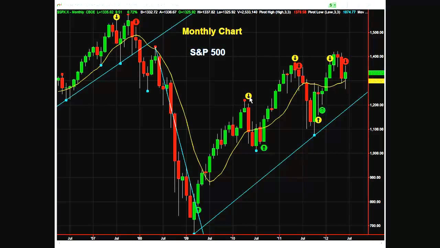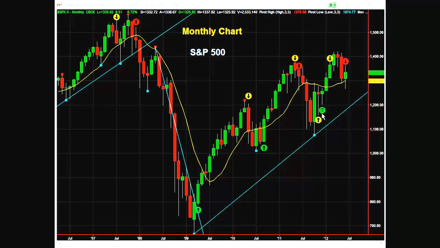These arrows, and I want to clarify this so that you understand, I put in to mark where the cycle model system identified certain entries, exits and neutral positions. These are not automated, so I don't want you to be confused by that. But currently, this past week the cycle model went to a macro downtrend, identified by this red arrow.